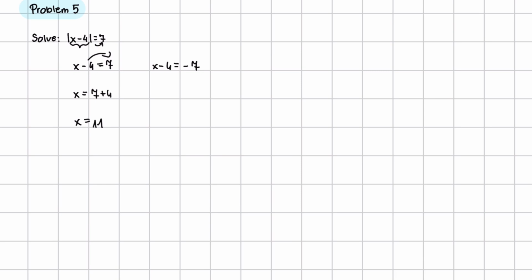So we have to take into consideration also this case. So it will be x equals minus 7 plus 4, so x equals minus 3. So these are our answers. We can write here or.